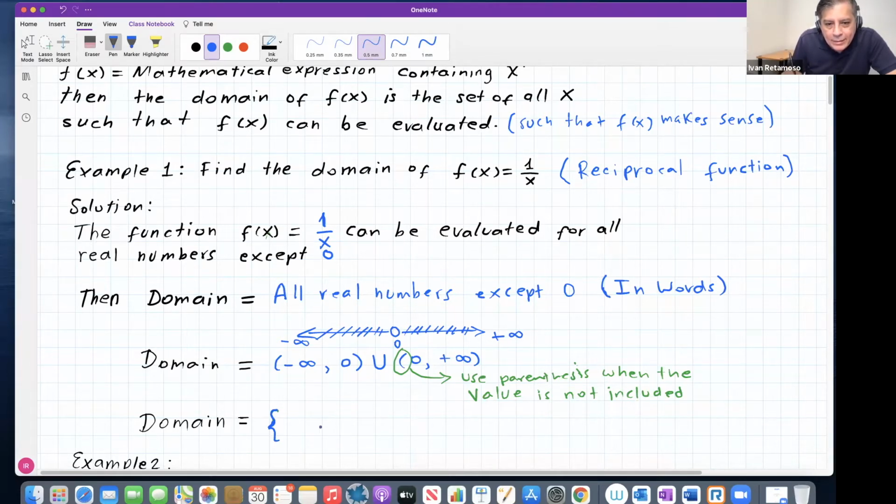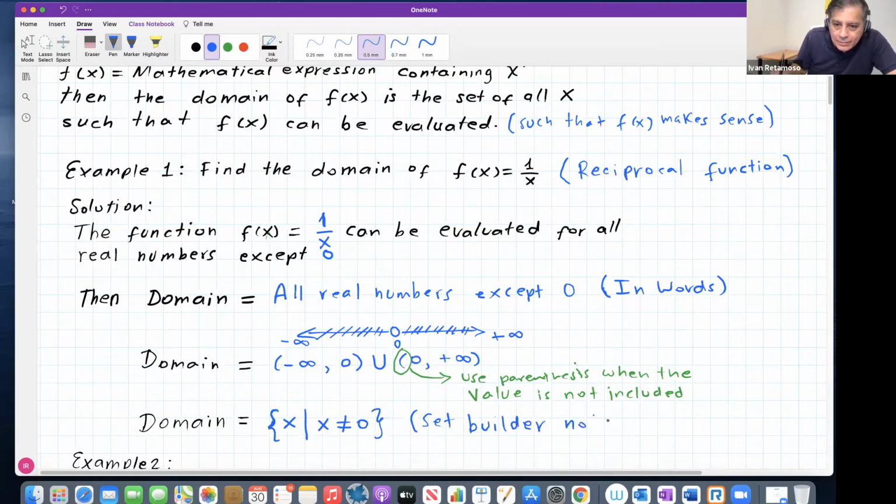What's the property that defines this? Well, the property is that x cannot be 0, right? So you go like this. The domain is going to be the set of all x such that, this vertical segment means such that, I will write it, x is not equal to 0. This is called set builder notation.